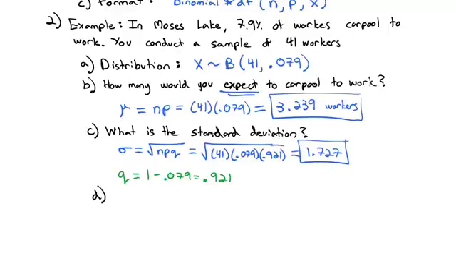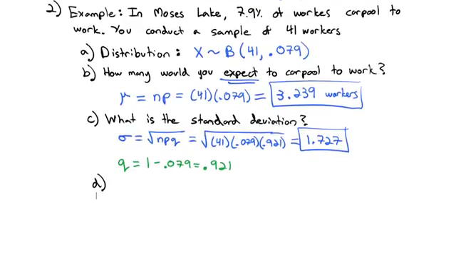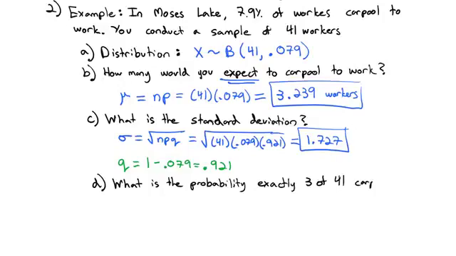But we still haven't calculated any probabilities. So let's do 2 or 3 of these. Let's say, what is the probability exactly 3 of 41 carpool to work?